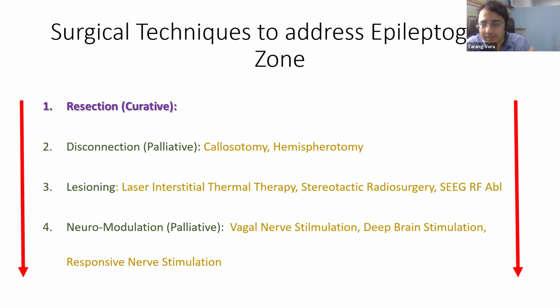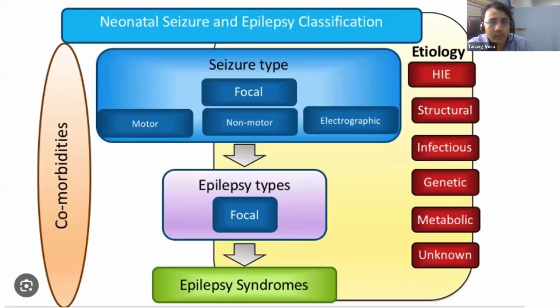The only cure is resection. So if there is an epilepsy surgery program which is not offering resection predominantly, then that is not a good epilepsy surgery program. Other modalities come into play when we have ruled out that you cannot do a resection for the patient.